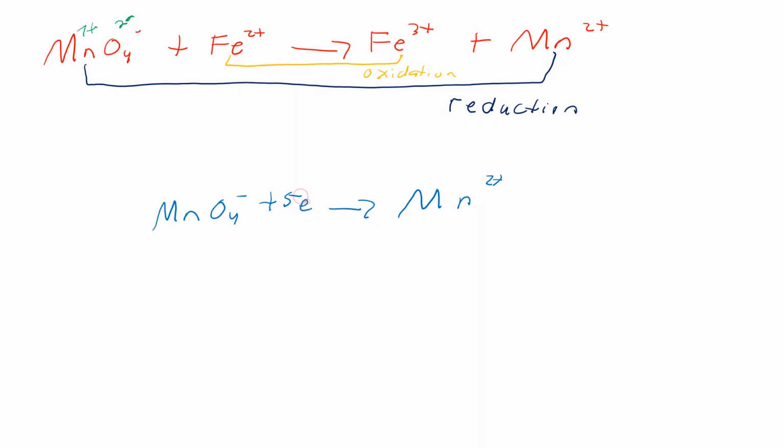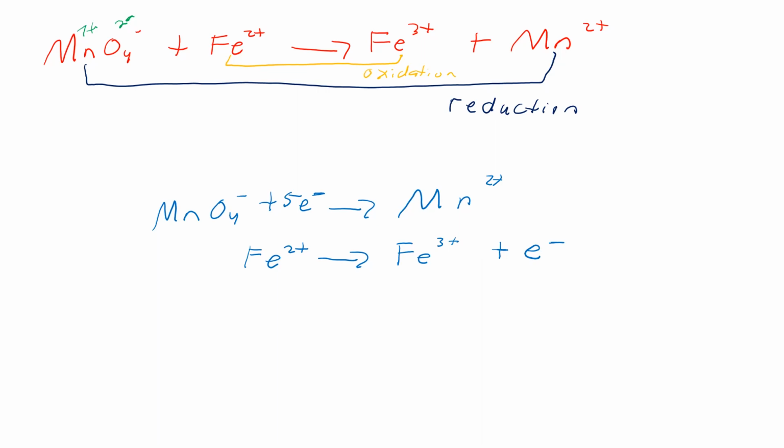So we're going to add the 5 electrons in here. Then let's write the half reaction for iron, and then we'll go back and start balancing these. For iron, we have Fe2 positive gave us Fe3 positive, and to go from 2 positive to 3 positive, we lost an electron, which means that an electron is one of our products.